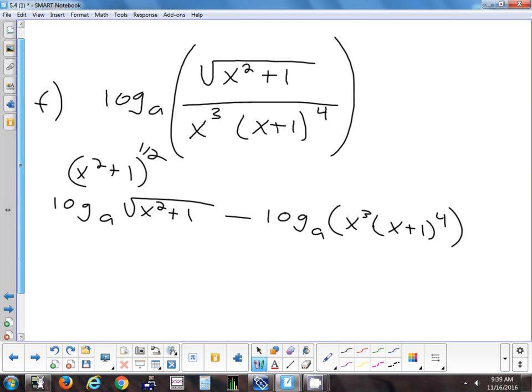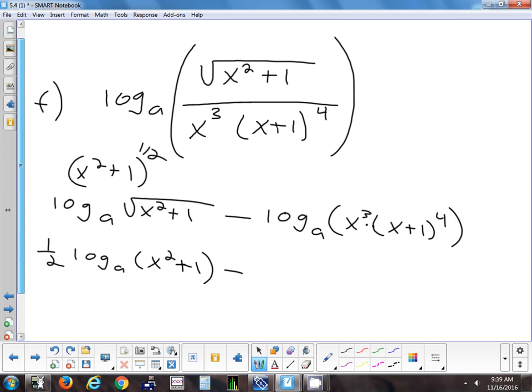Or if you want to do both at once, rewrite it and put the 1/2 in front. That's pretty much all you can do for the first one. We don't have a rule for splitting it up when there's a sum. We only have a rule for multiplication, which we have, or division, which we already did.